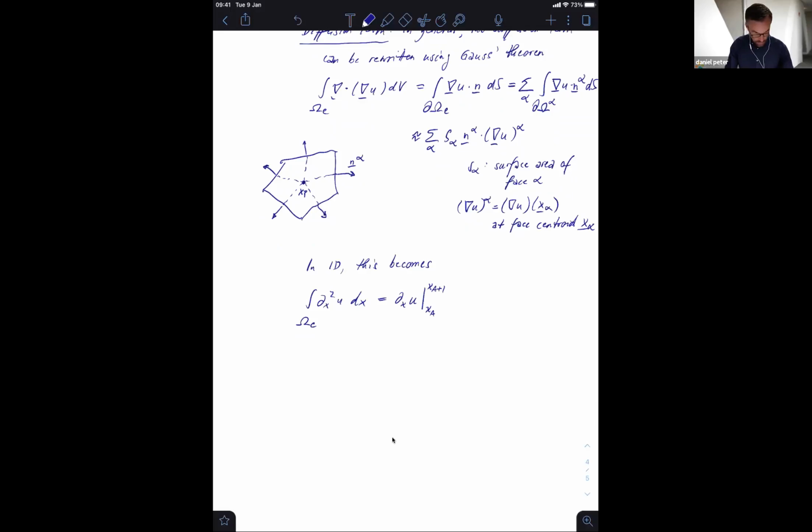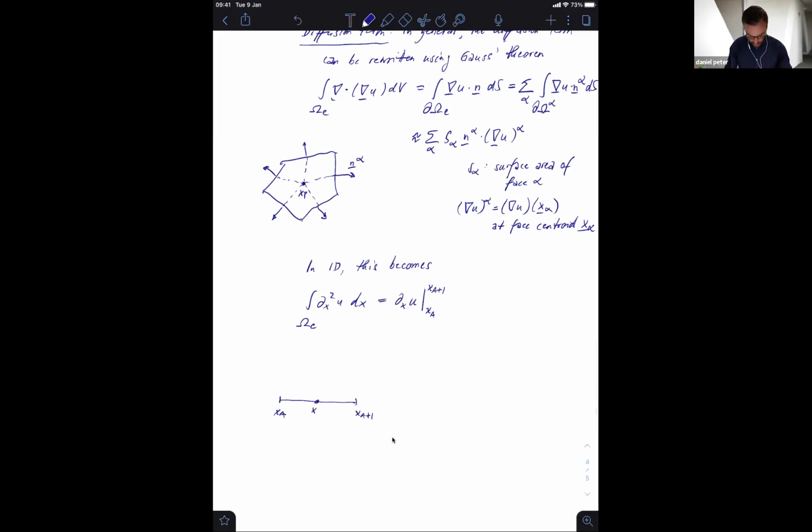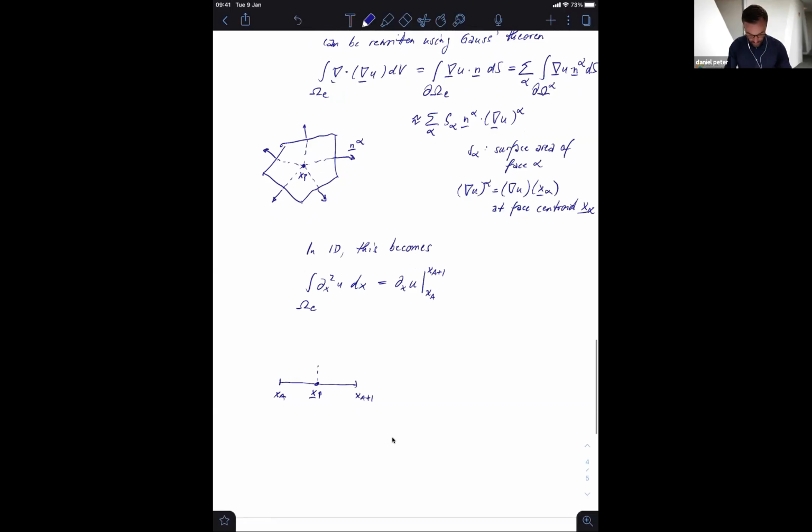So think of having a cell in 1D that goes from xa to xa plus 1. We have the centroid point in the middle, xp. And here we have the value of up.